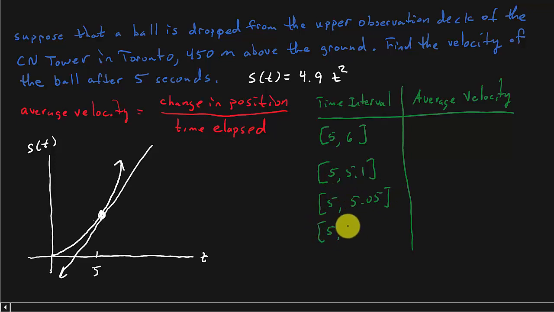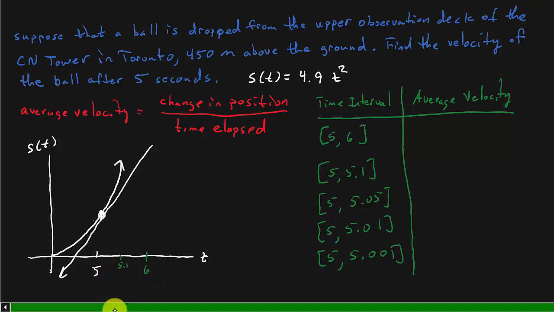And then how about 5 to 5.01? And then how about 5 to 5.001? Okay. So if you look at this, all I did is the interval from 5 to 6, and then 5 to 5.1, and then 5 to 5.05, and you get the picture.